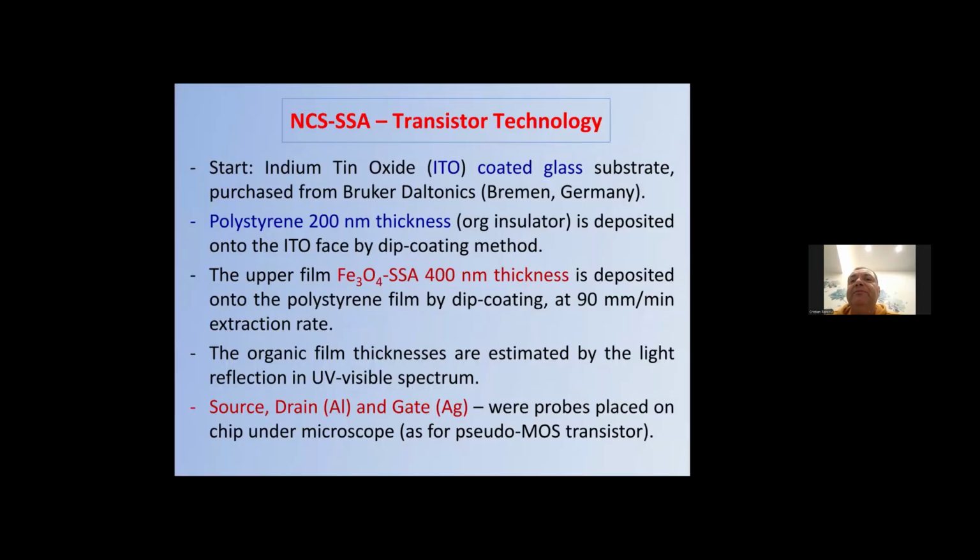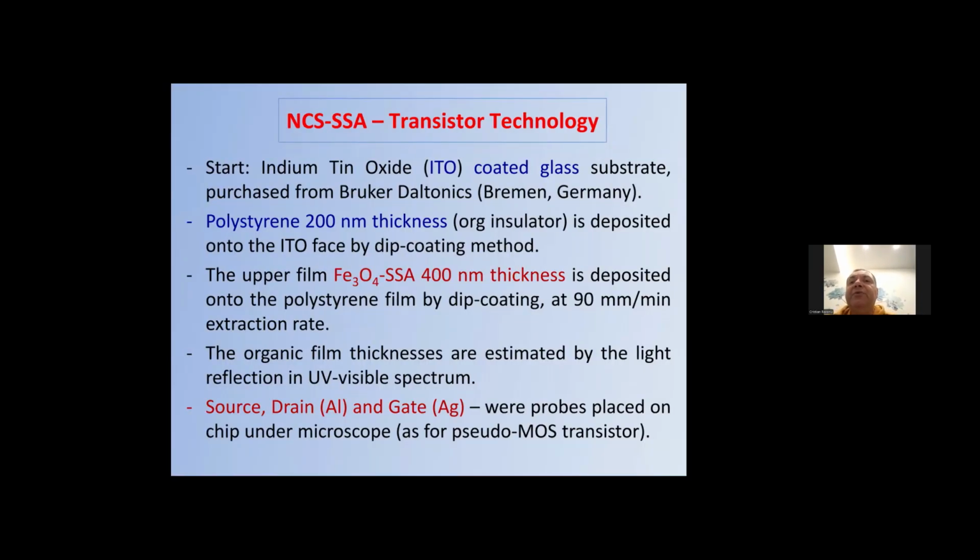Test transistor technology and setup. We start with an indium tin oxide coated glass substrate purchased from Bruker Daltonics from Germany, and then polystyrene, 200 nanometers, as organic insulator was deposited onto the ITO face by dip coating methods.